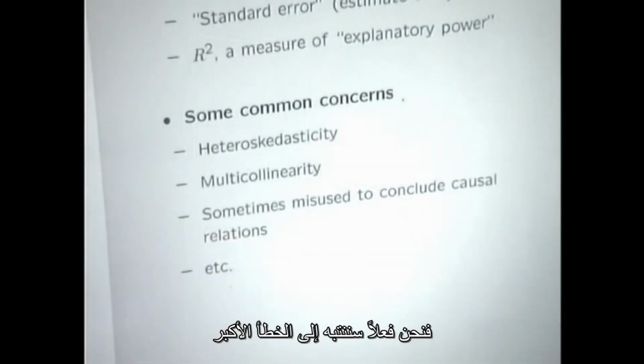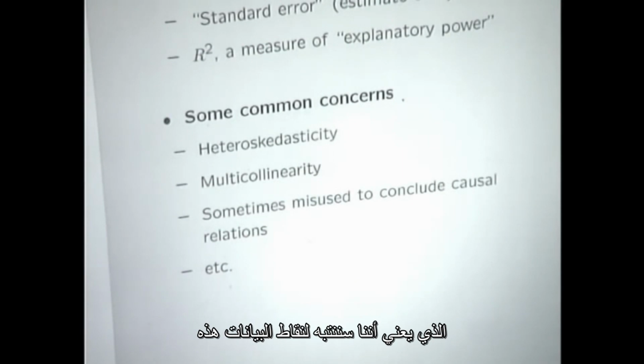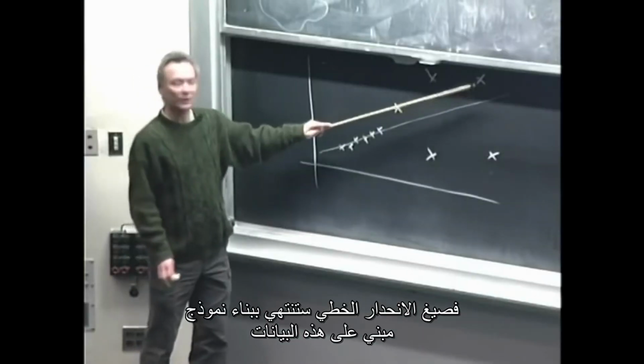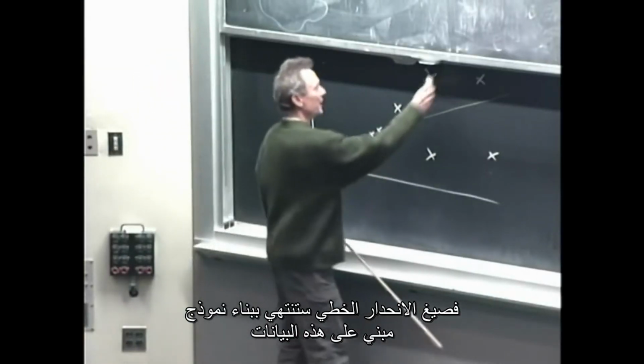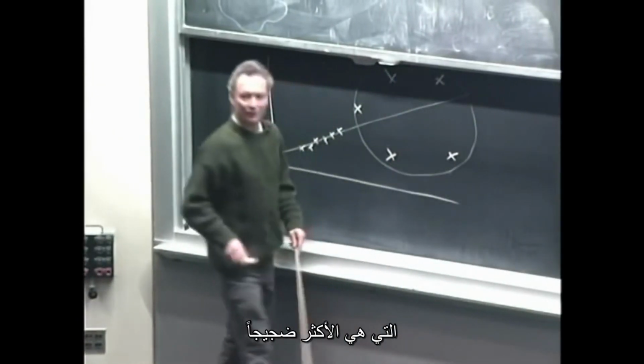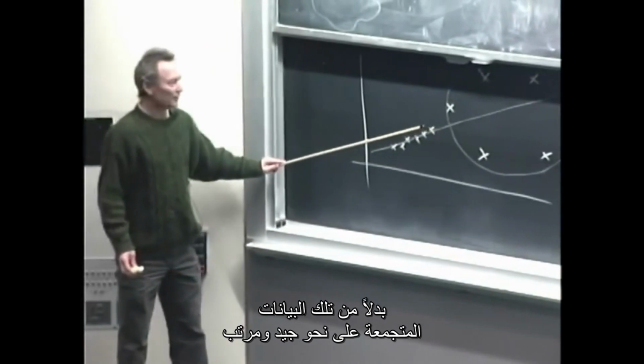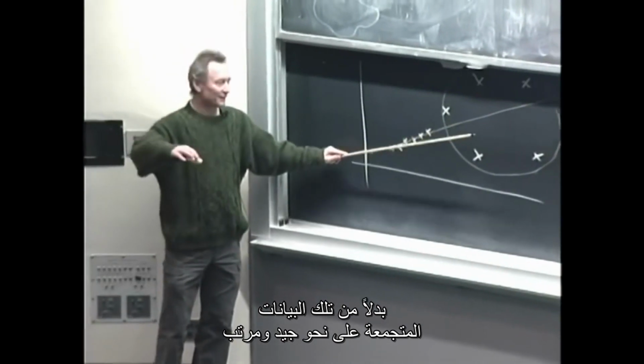Since we're trying to minimize the sum of squared errors, we're really paying attention to the biggest errors, which will mean that we are going to pay attention to these data points because that's where the big errors are going to be. So the linear regression formulas will end up building a model based on these data, which are the most noisy ones, instead of those data that are nicely stacked in order.